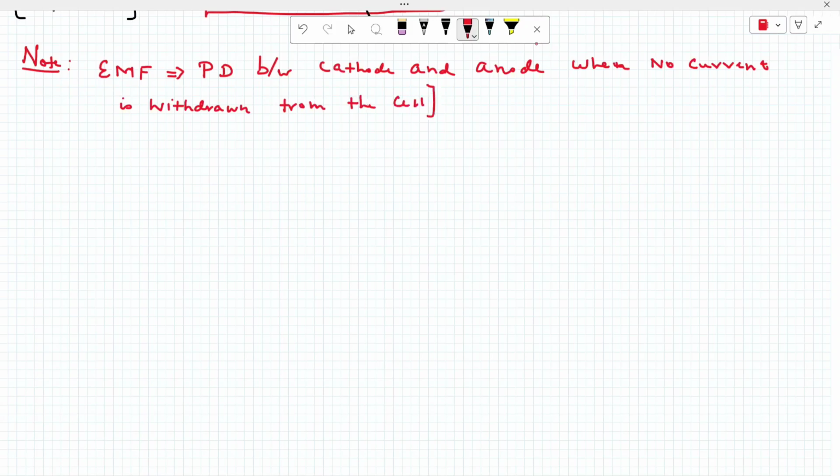That means there is no current flow. When there is no current flow, I am going to measure the potential difference between cathode and anode, and we call that EMF.